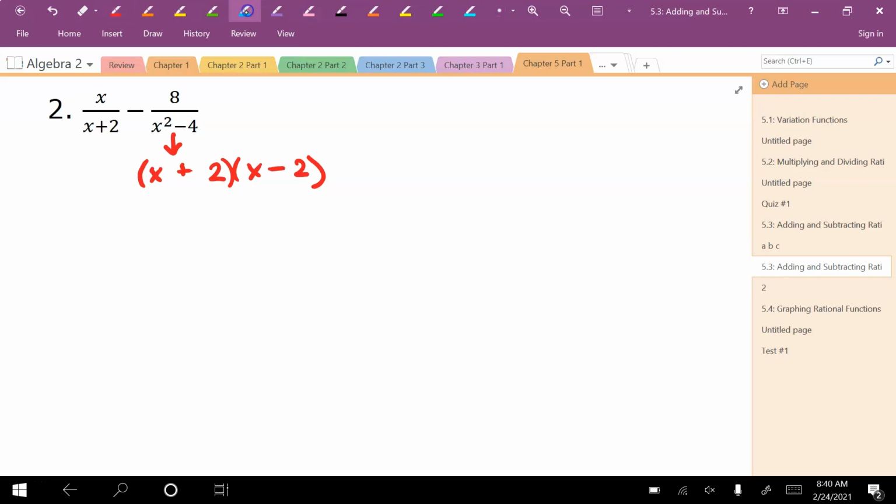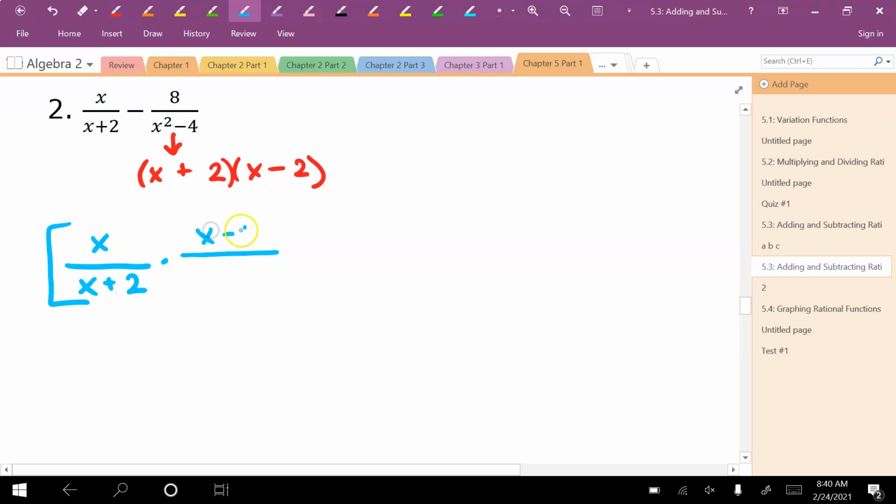So for that first fraction, I'm going to take times an x minus 2. We're not going to do anything to the second one.